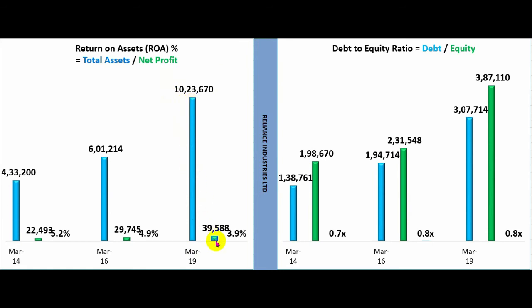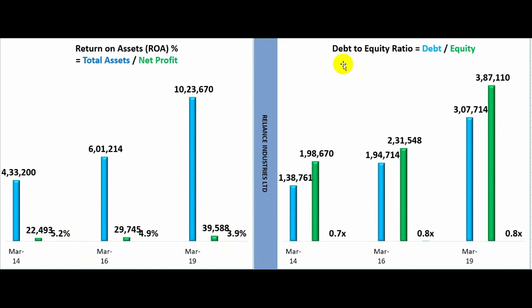On that, it generated around 39,000 crores of net profit. That's 3.9%. Here we don't have a benchmark as such, but we want it to be as high as possible. So if we look at March 14 and 16, in March 14 it had done pretty good at 5.2%, which has been dropping to 4.9% and then to 3.9%.